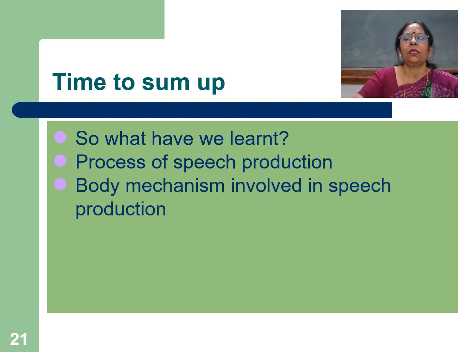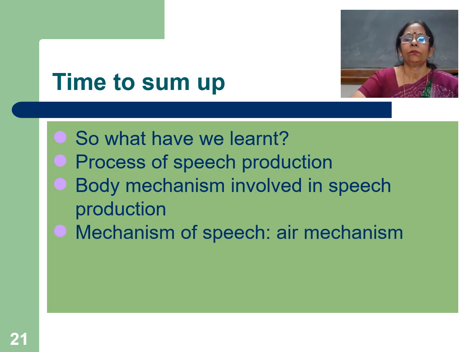We studied the body mechanism involved in production of speech and the systems of body required for speech production are the respiratory system, phonatory system, and the articulatory system. Including the organs of speech, we also noted that speech is an overlaid function.